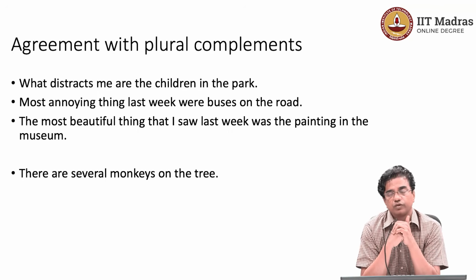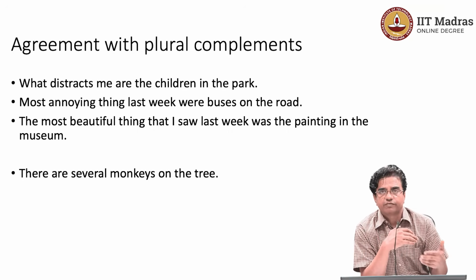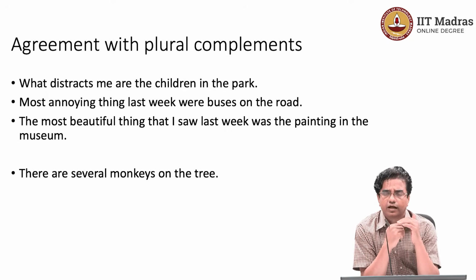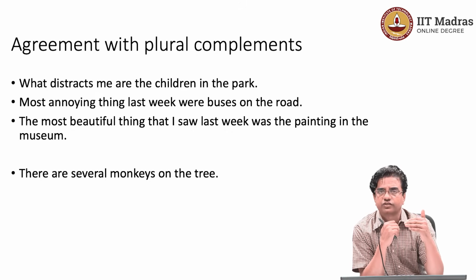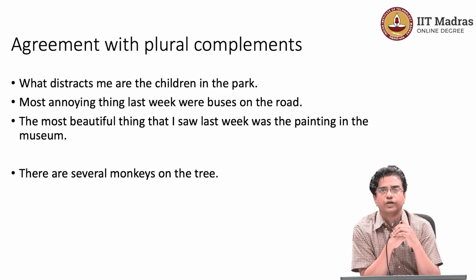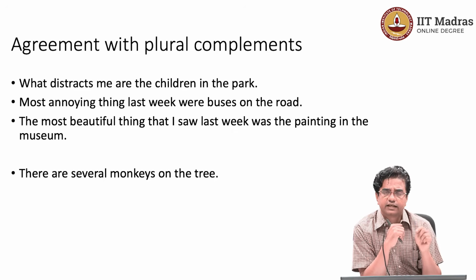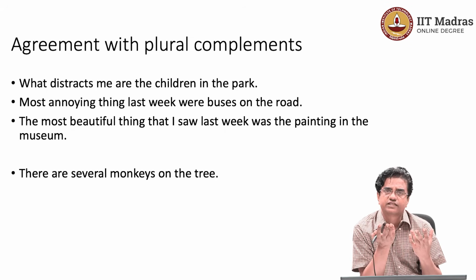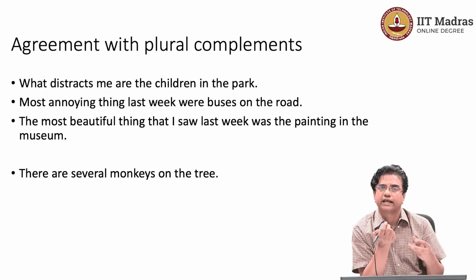So this is how it shows on the surface, but without going too far into the details of this, I still want to underline the fact that at some level of processing in human subconscious or cognition, it is monkeys which are taken as the subject of this sentence at some level, and therefore the agreement works with this.